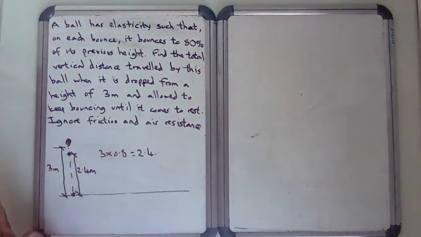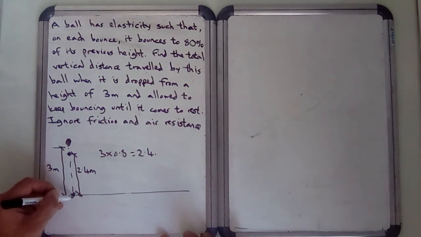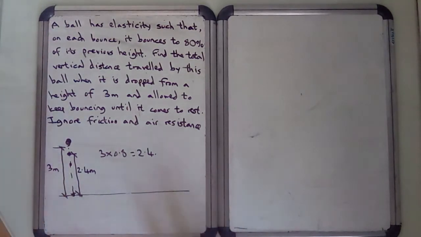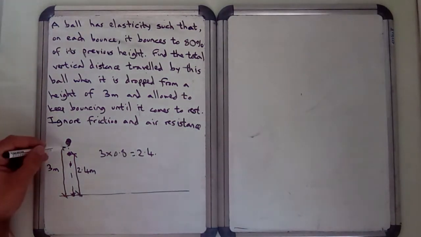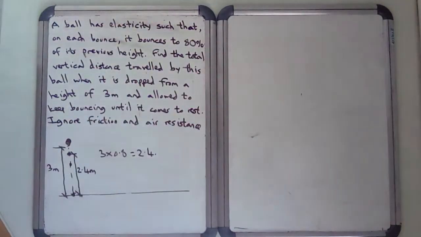Don't worry, I'm not going to keep doing this. I'm just trying to make a point. So then it's going to fall a whole 2.4 meters, and then it's going to bounce up again to 80% of 2.4 meters, and then it's going to fall that, and so on. What I'm trying to get across is it only travels this 3 meters once because it's dropped from that height.